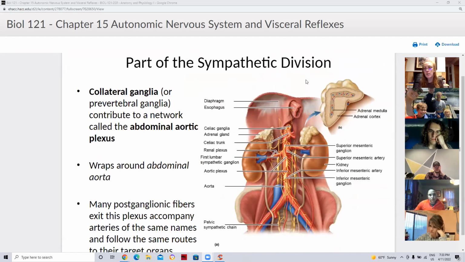The collateral ganglia, also called the prevertebral ganglia, contribute to the network called the abdominal aortic plexus that wraps around the abdominal aorta.